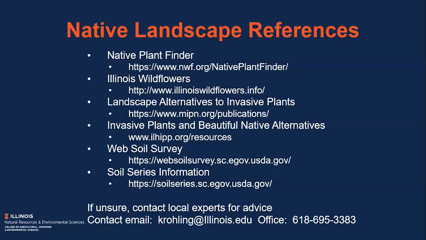A couple of folks asked about climate change and how that might be influencing native vegetation. Pretty typical, what you might expect. If the native plants are more adapted to colder areas, they're going to have to move farther north or they'll die out.